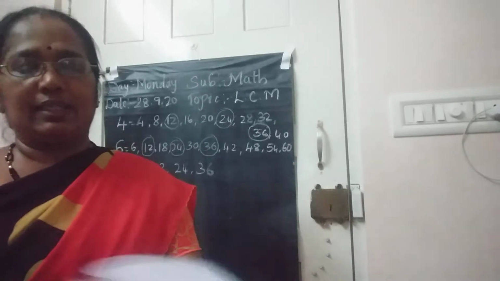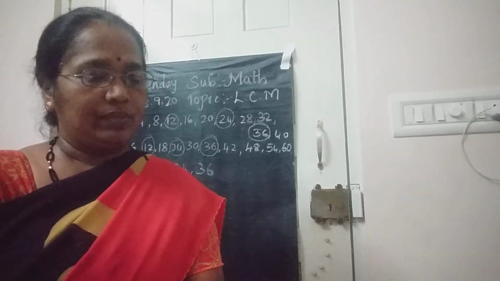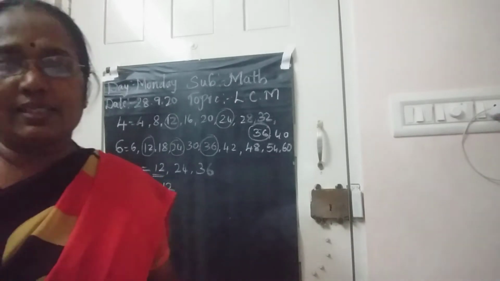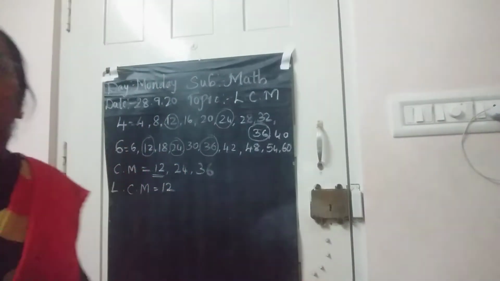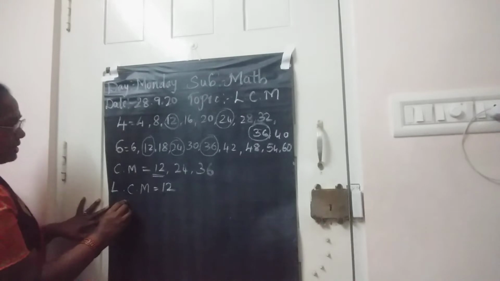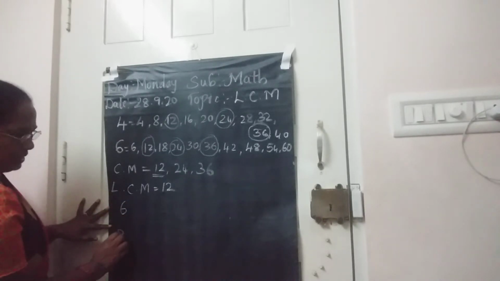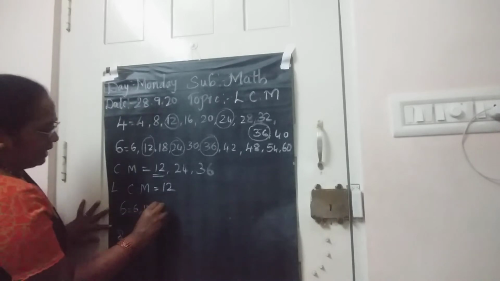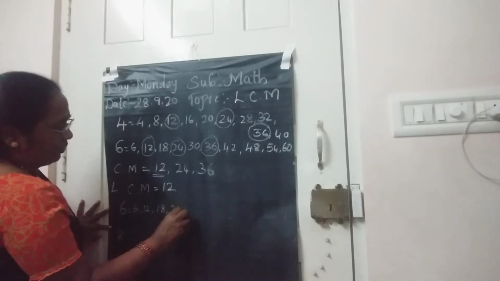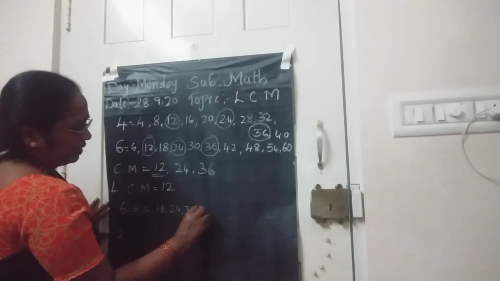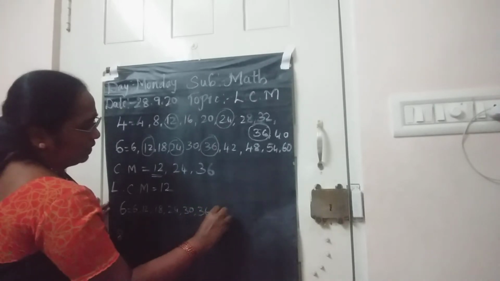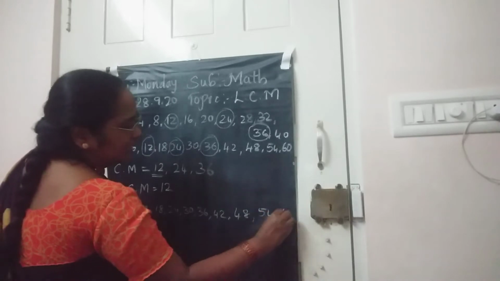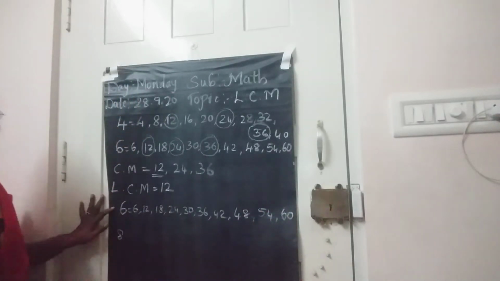Another example for listing: the first example was 4 and 6, and another one is 6 and 8. The same thing here: 6, 12, 18, 24, 30, 36, 42, 48, 54 and 60 are the multiples of 6.